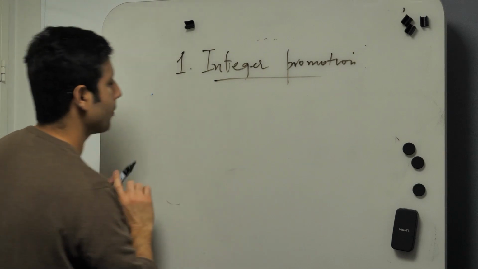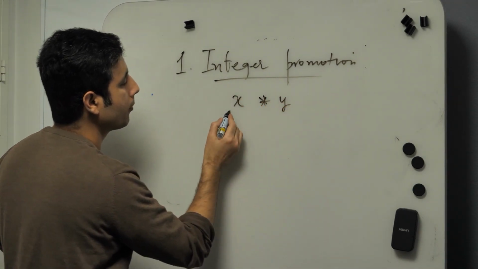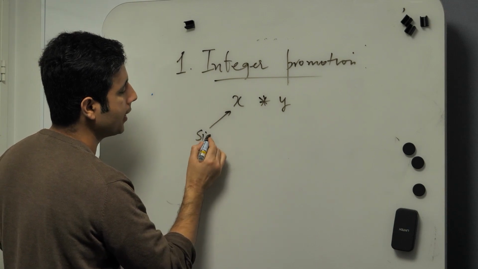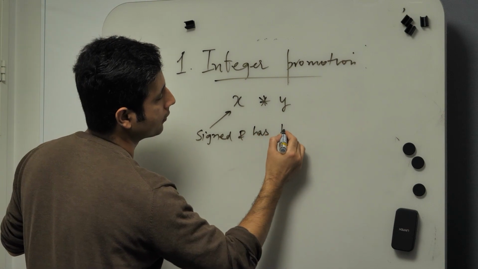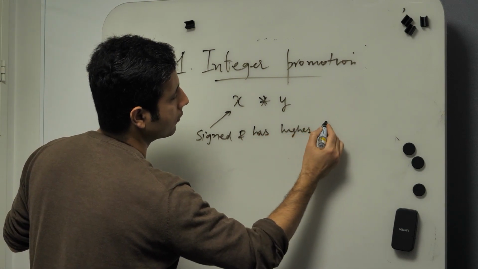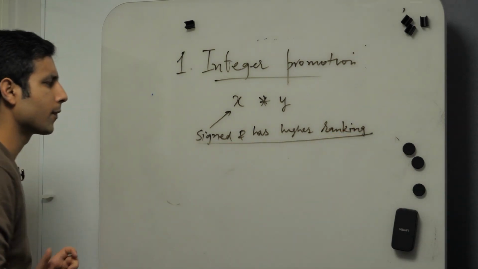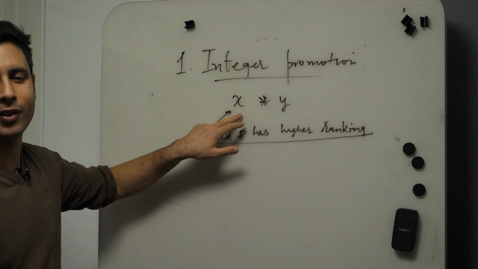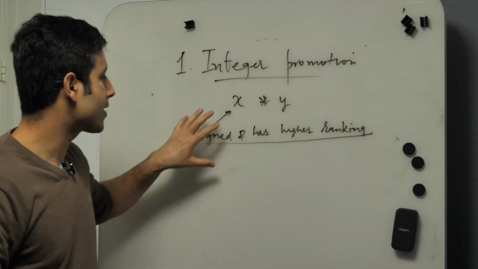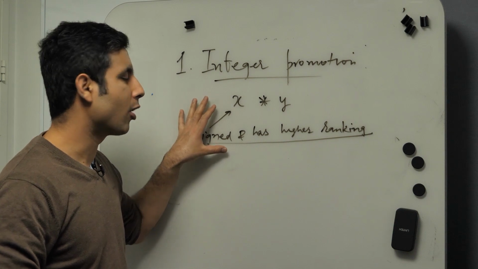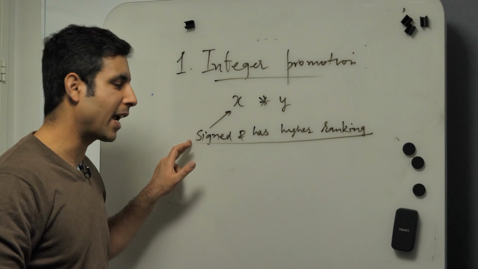Now the last case: one of them is signed and has higher ranking. This is a tricky case. Even though x, for example, in this expression has higher ranking and is signed, it doesn't mean that in all cases both operands would be promoted to the signed type.